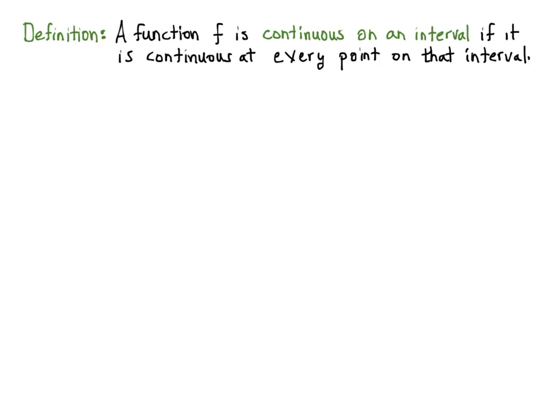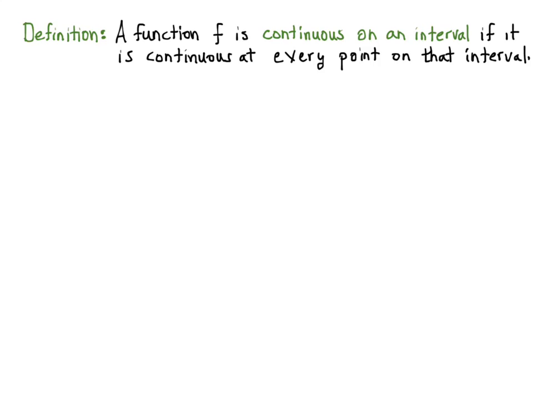All right, so let's step a little further then. A function f is continuous on an interval if it's continuous at every point on that interval. Let's think about this. Up until now, we've dealt exclusively with continuity at a point. We say the function is continuous at a, or at one particular point.